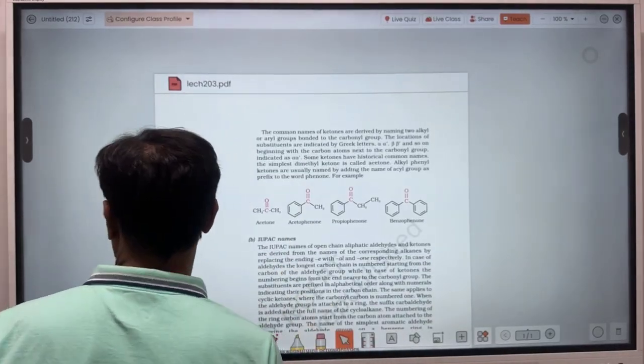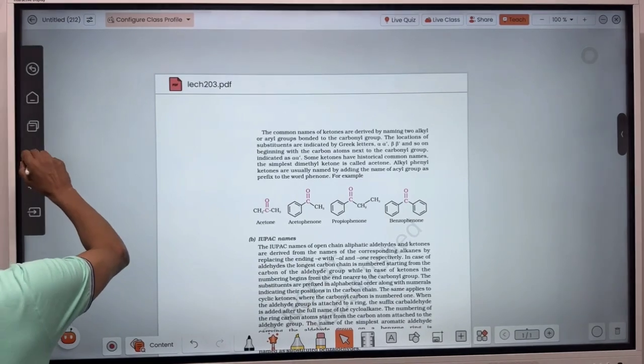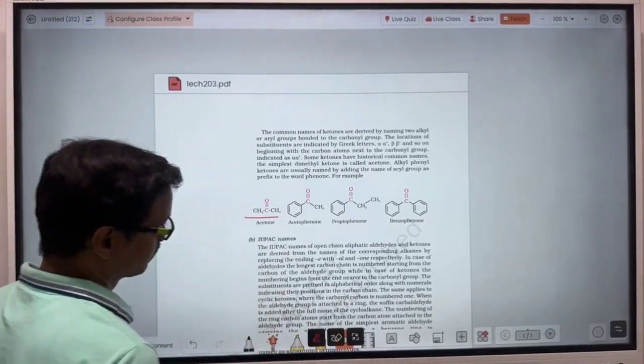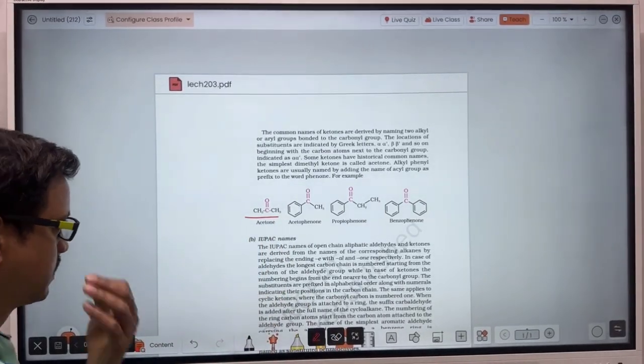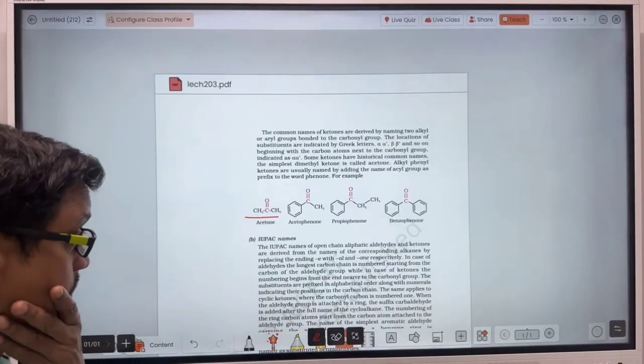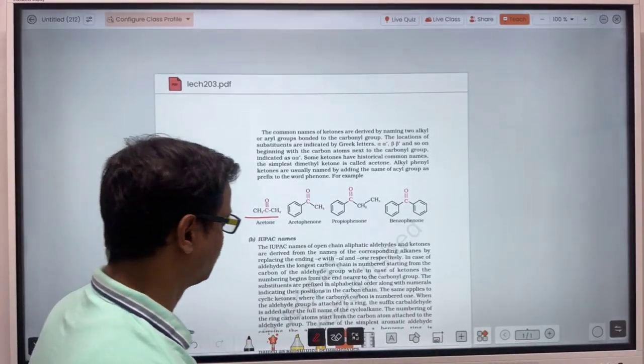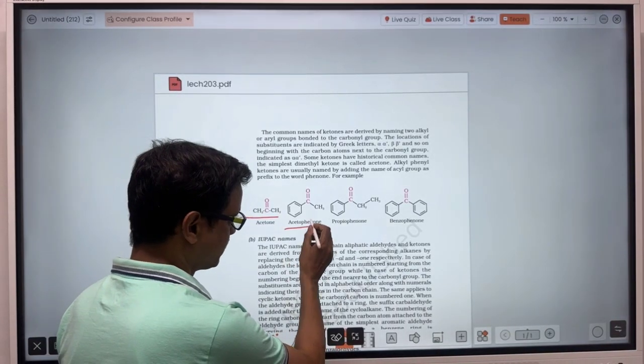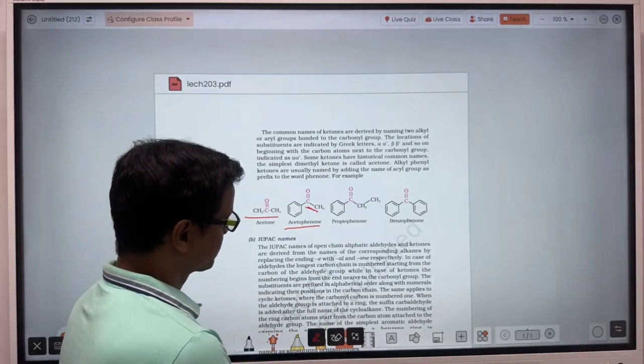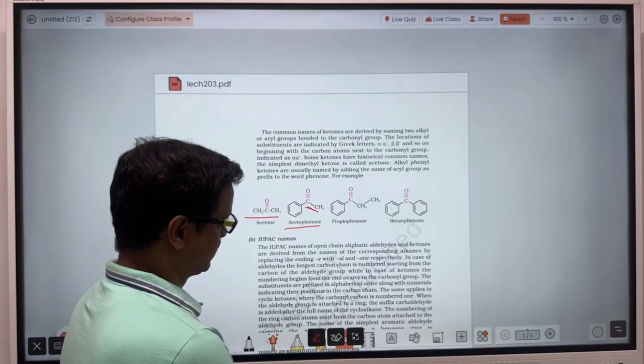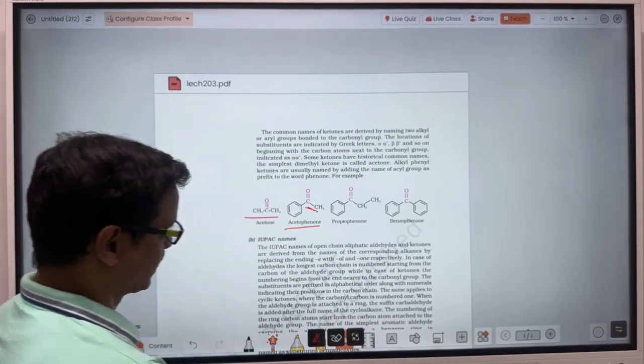Like here acetone: this compound has an alkyl group on both sides. When both sides have alkyl groups attached to the acyl carbon, that will be called acetone. The IUPAC name is propanone, I hope you know already. Here this is called acetophenone, when one side there is a phenyl group and the other side a methyl group.